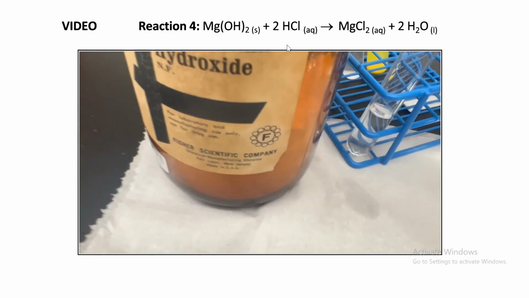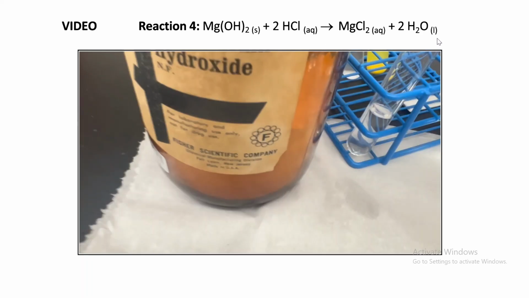If we look at the balanced equation, when you put magnesium hydroxide with hydrochloric acid, this is what we call an acid base reaction. And in an acid base reaction, this is a special double replacement reaction. The OH is going to combine with the H, and we're going to get water liquid, and the Mg is going to combine with Cl, giving you MgCl2.